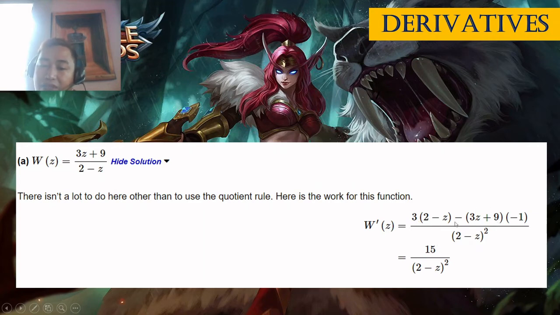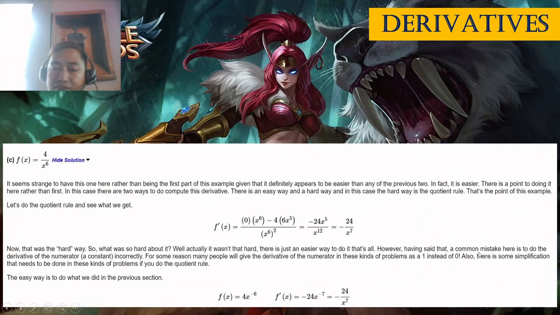And then 3 times negative z is negative 3z. Then plus 3z siya diri kay negative times negative 1, positive naman siya. So, ma-0 na kasi negative 3z plus 3z, so 0. So, 15 na lang. Over 2 minus z, then squared. Okay, this is the final answer.